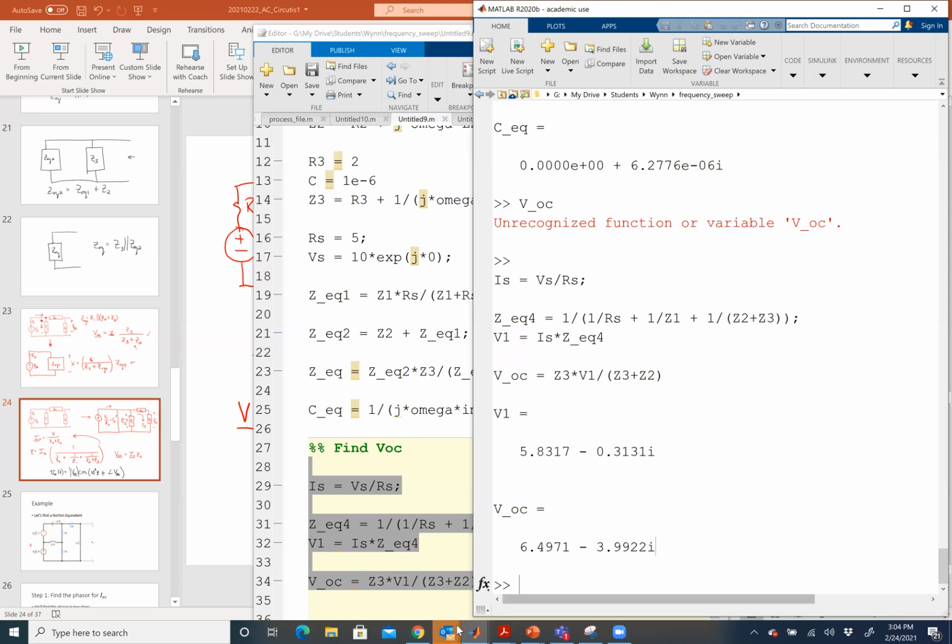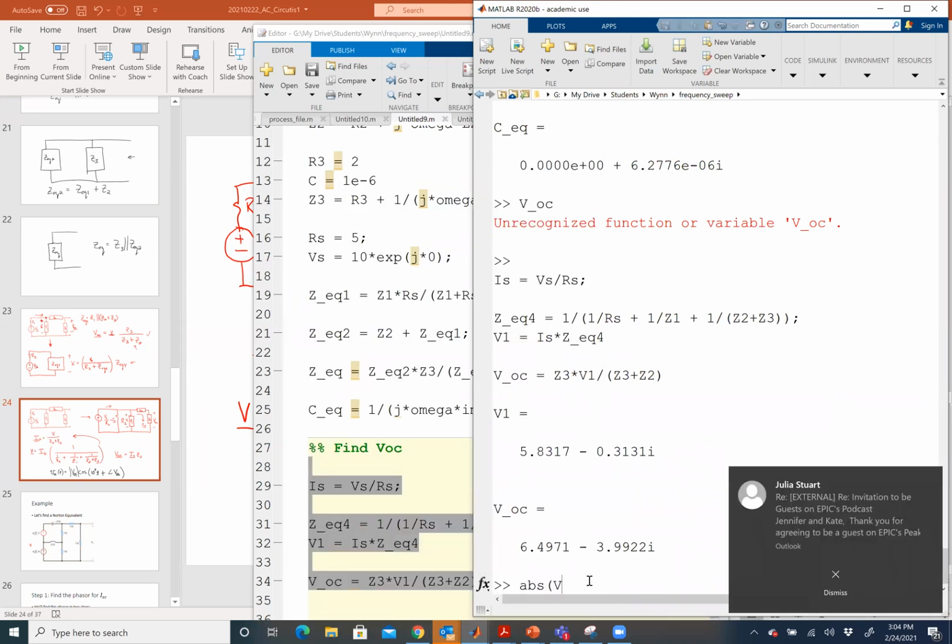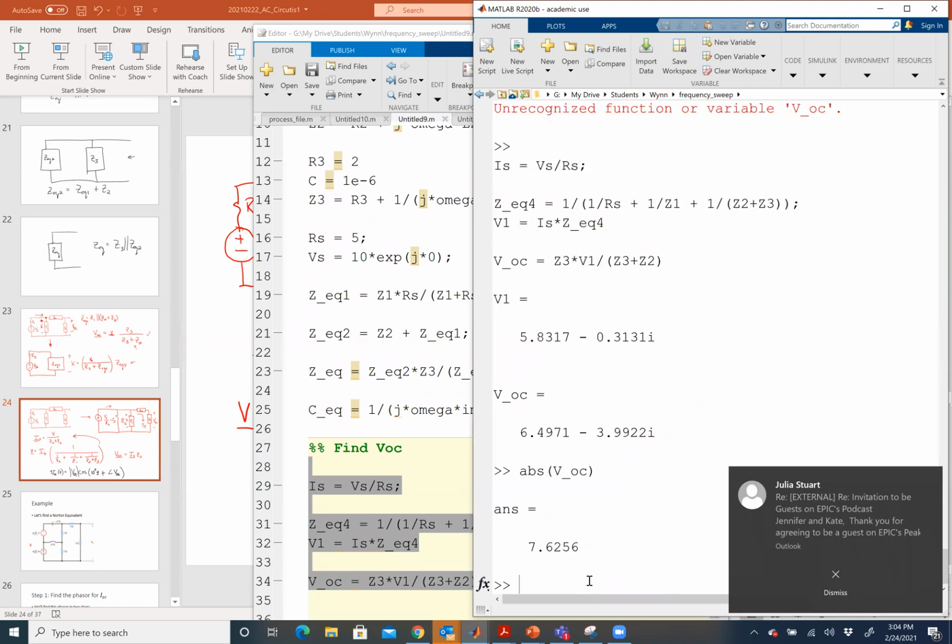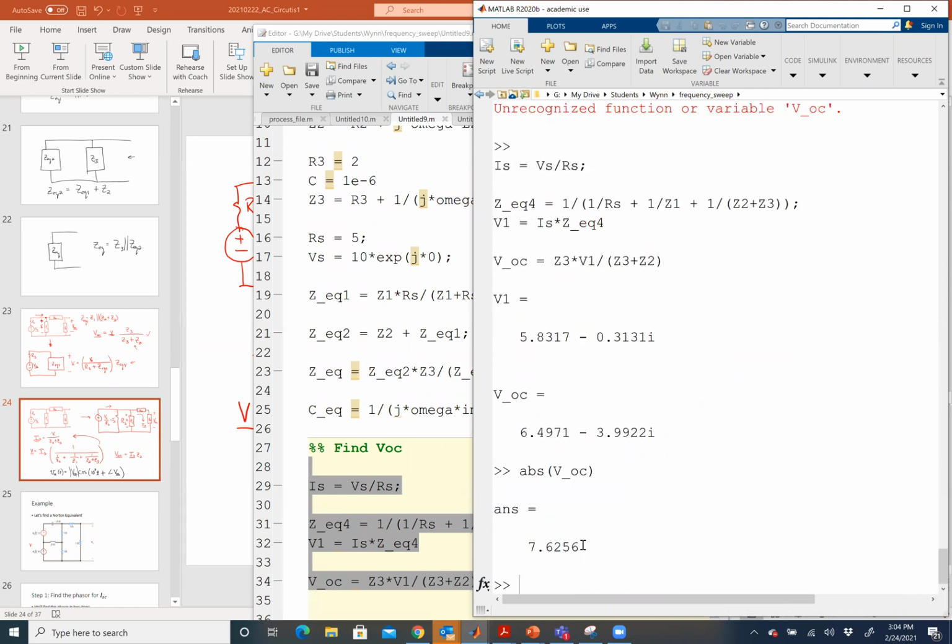So we said if I want to figure out the magnitude of that, I say abs of VOC, like that. So I find out this is 7.62 volts. And the angle of that, now if I type angle of VOC, we talked about this the other day, what's the units going to be when I type that? Radians, right? So I want to convert that to degrees. So rad to deg.